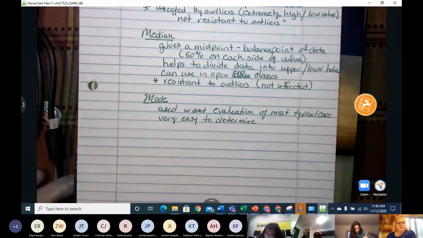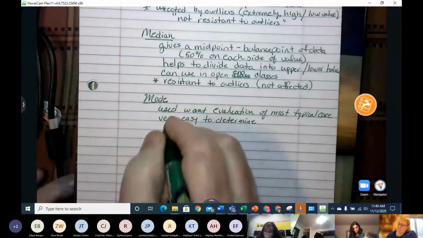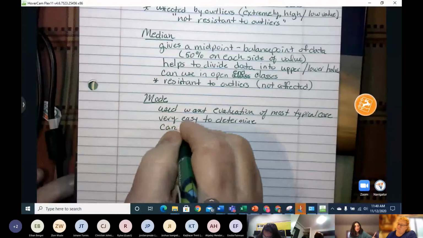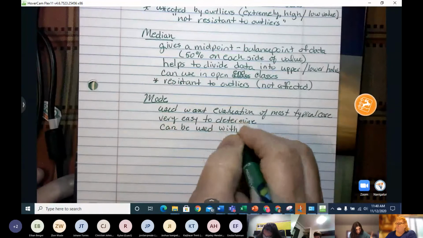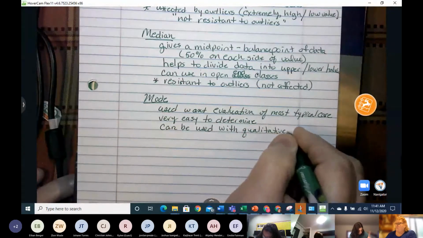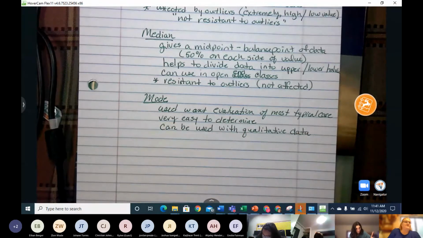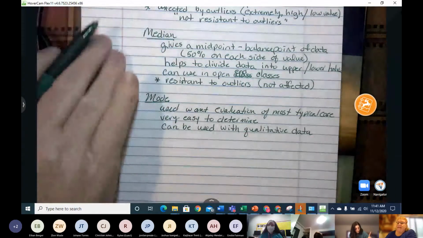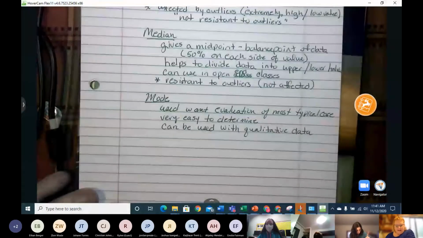A mode is super easy to determine. A mode is a measure of center that can be calculated or used with qualitative data. You can't find mean and median with qualitative data, but you can find a mode with qualitative data.